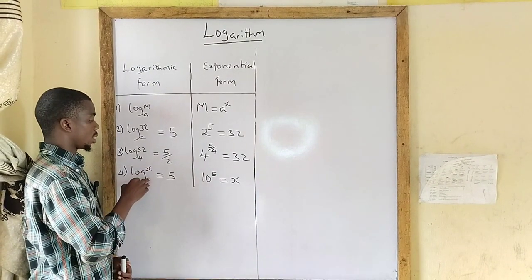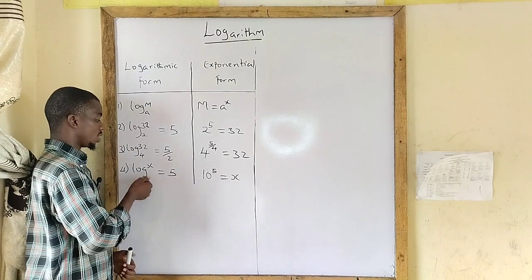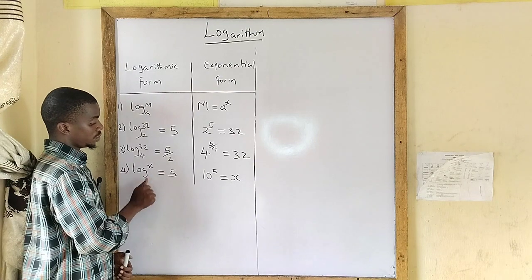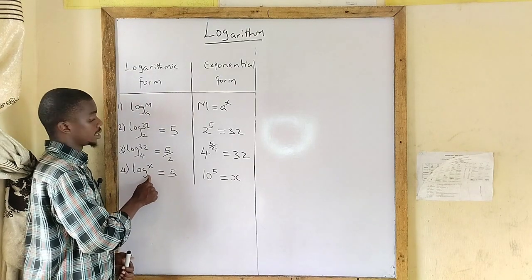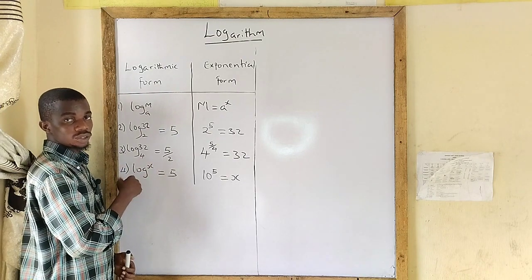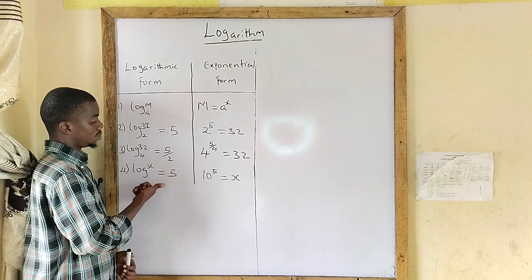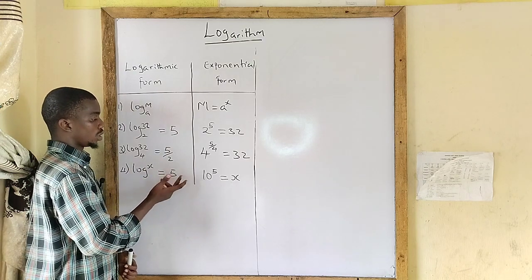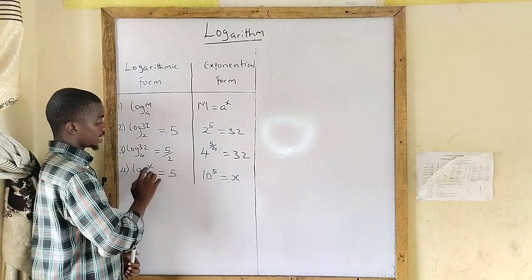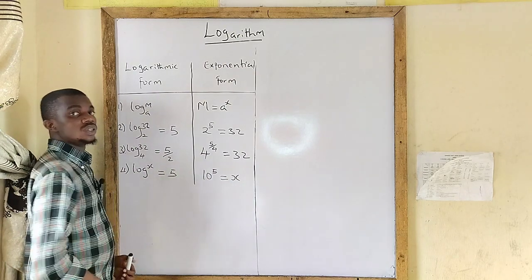Log x to base 10: anytime there is no base written for a log, you just know that the log is in base 10. We call it a common log. So log x to base 10 equal to 5, and this is the exponential form of it.